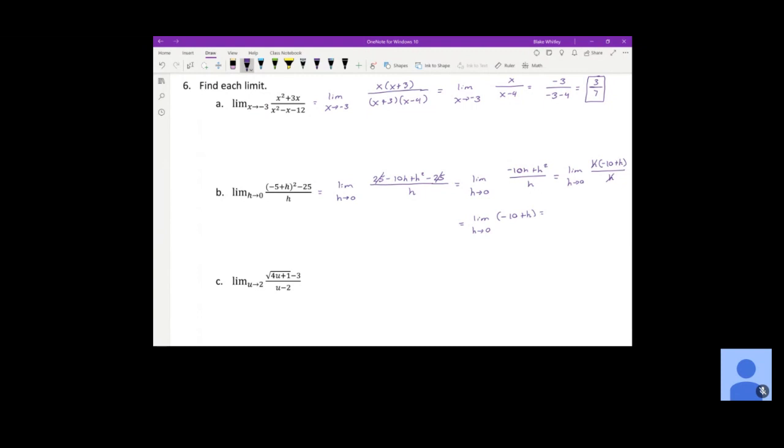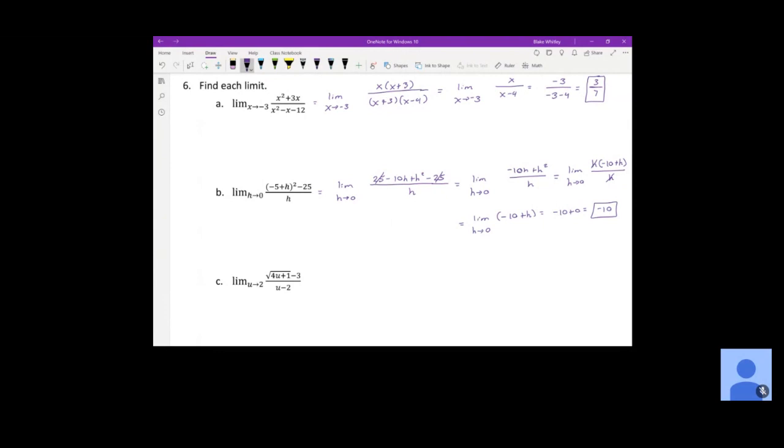Now we can direct substitute, which is going to give us what then? Just negative 10. Good. Negative 10 plus 0, which is negative 10. Any questions on that limit?